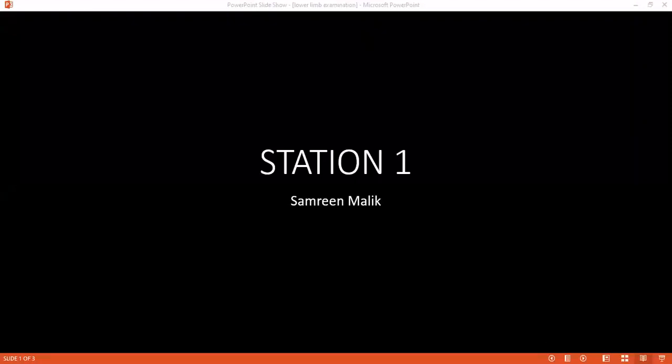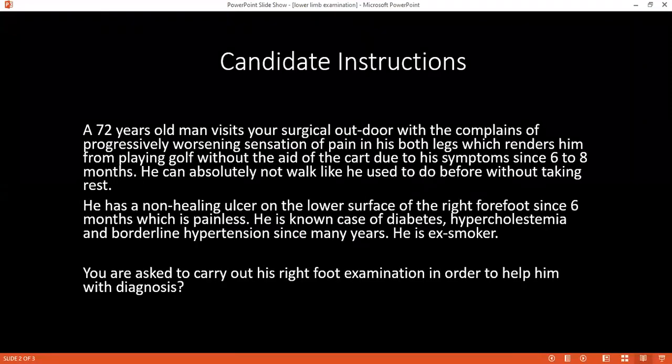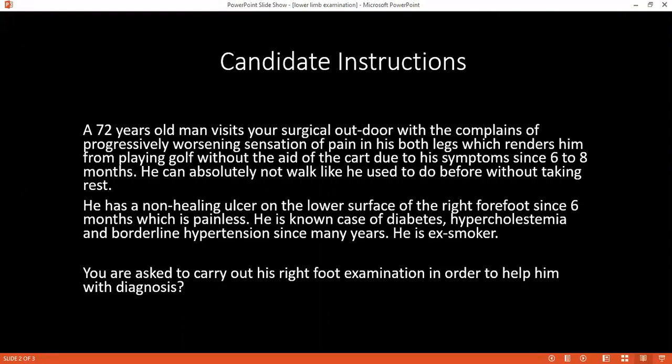The timer, and here is your question. I don't know if the scenario we will discuss, if I've written it right, or if I should make it more alarming, like gangrenous.